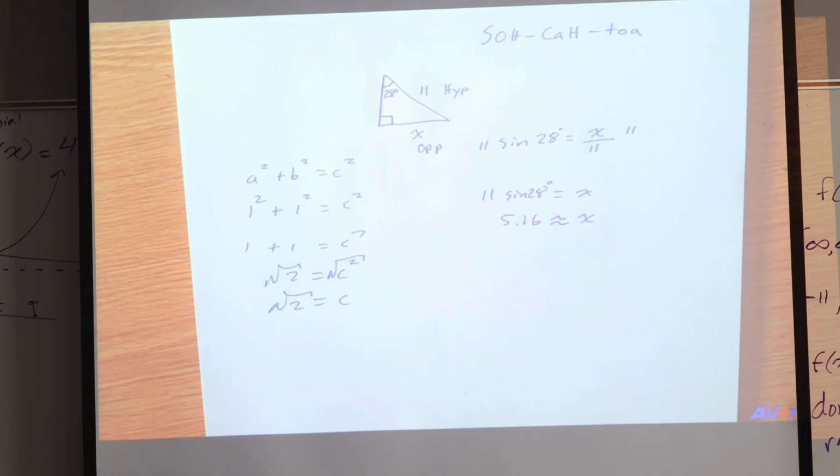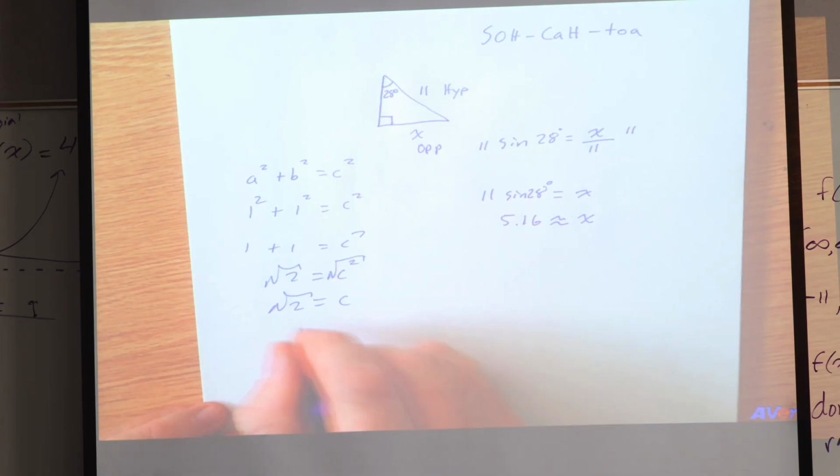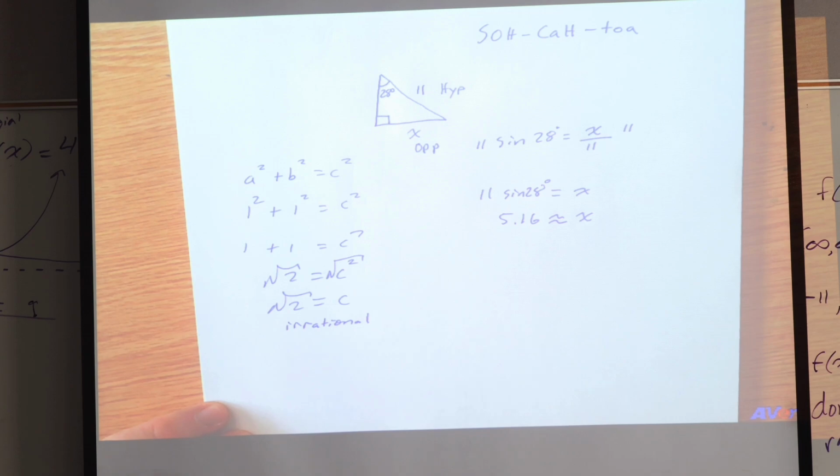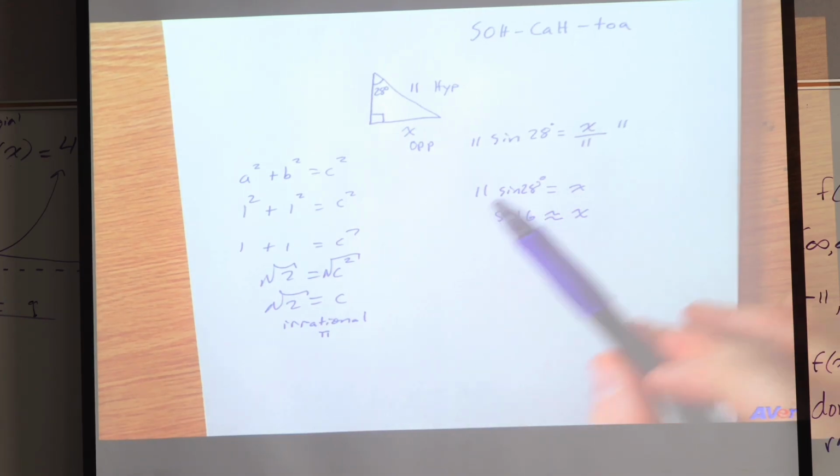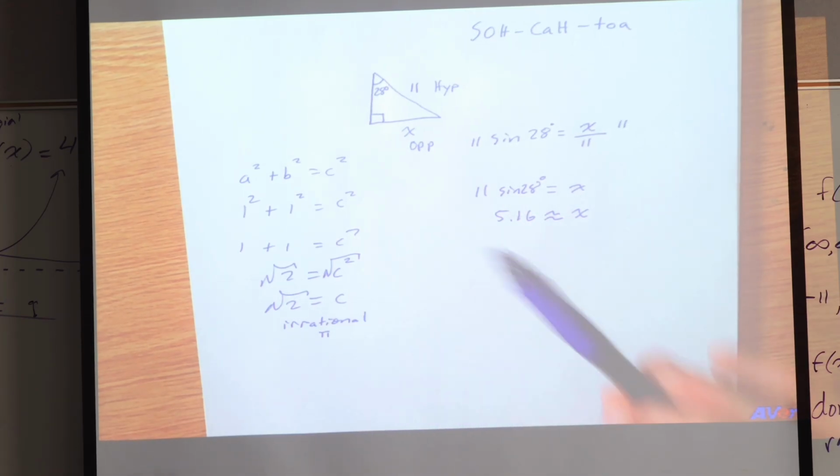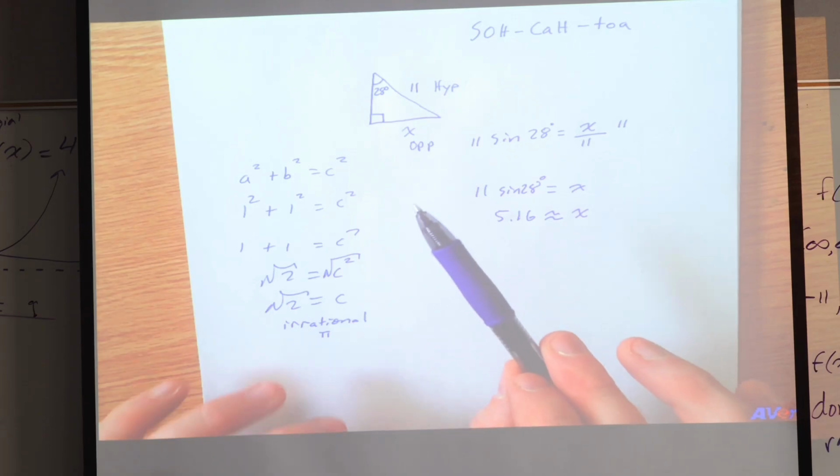Now, if you know about simplifying radicals or taking the square root of 2, this is what's called an irrational number. What is an irrational number? That's that decimal that goes on and on and on forever but doesn't repeat, something kind of like pi. So when we're solving for these different lengths, a lot of times we end up with irrational numbers.